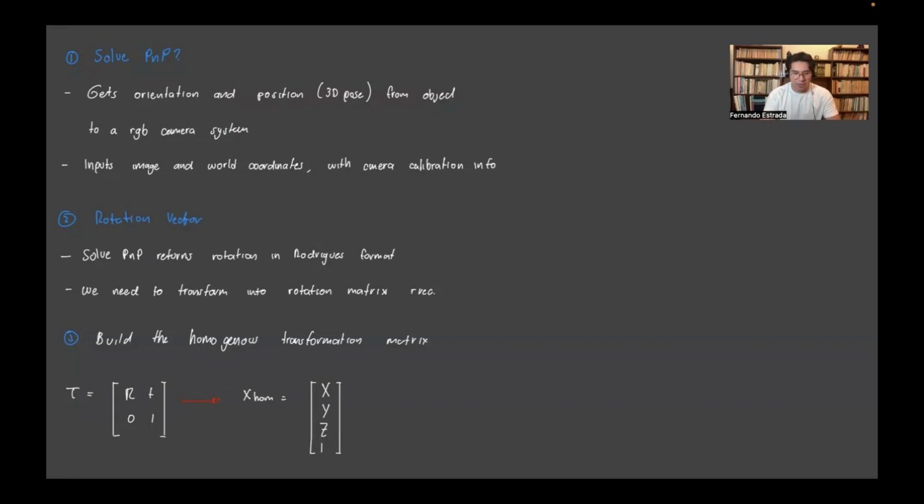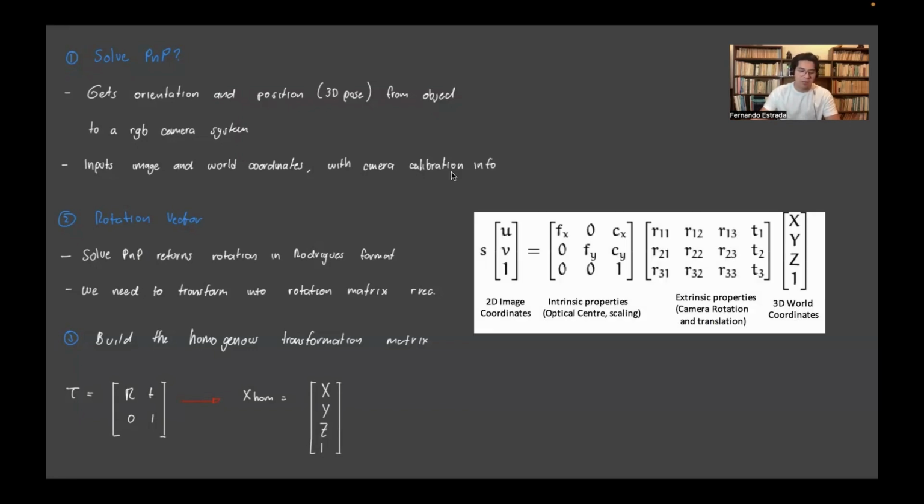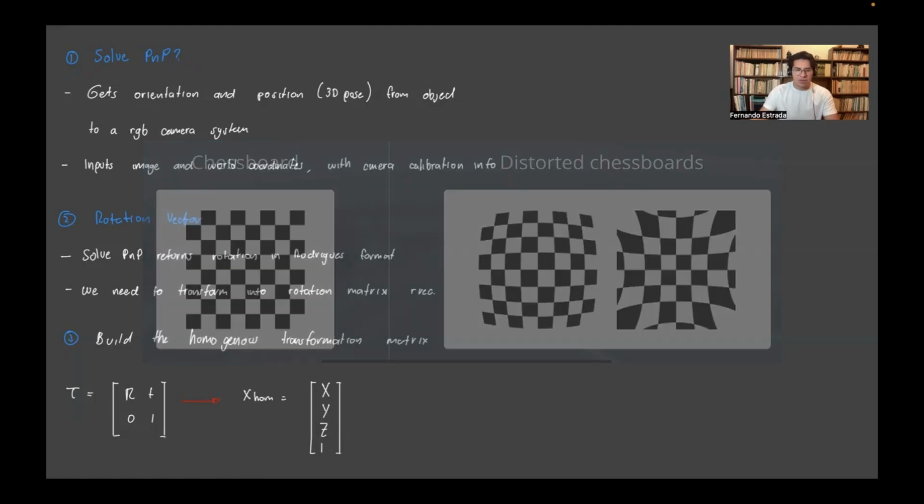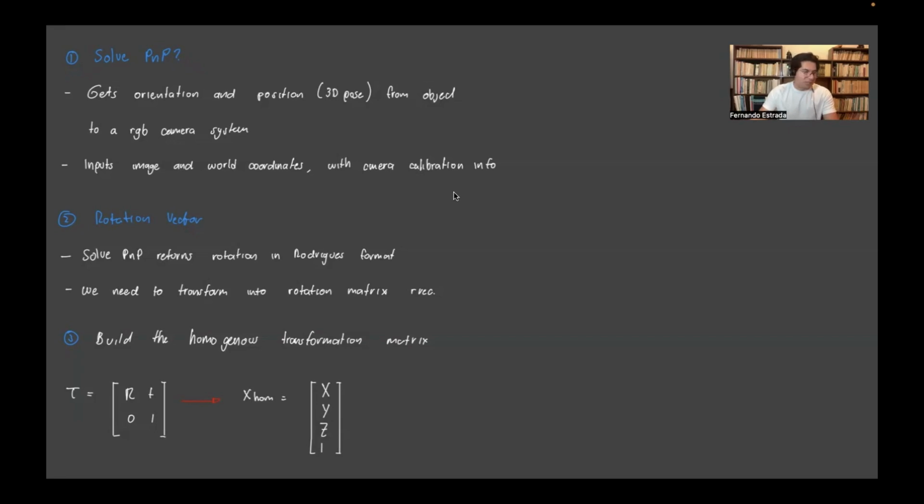It outputs two very important things: the camera matrix, which contains the intrinsic parameters like the focal length and optical center, and the distortion coefficients, which basically model the radial and tangential lens distortion. Don't worry if you don't really understand what this means. The only thing that you have to know is that this helps us to create a metric system from the camera. Literally, that's everything you have to know for now.